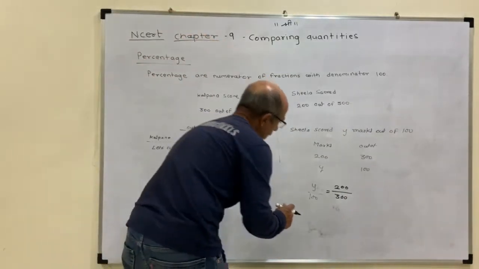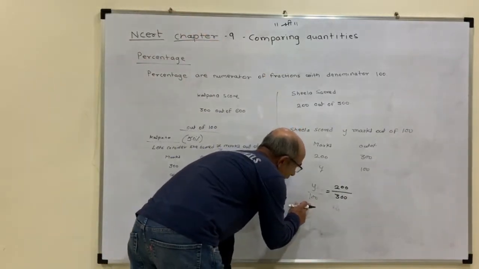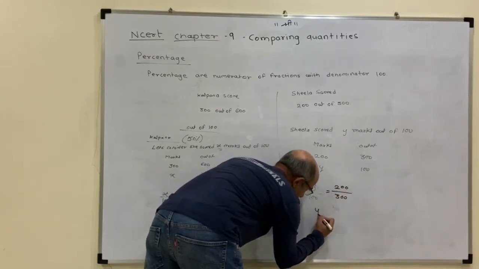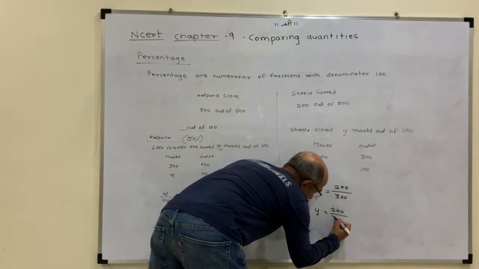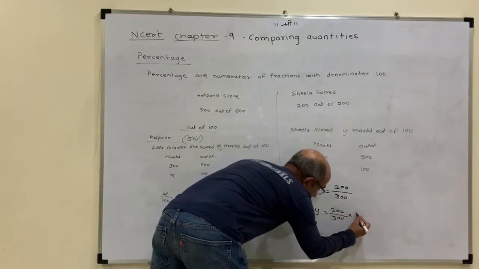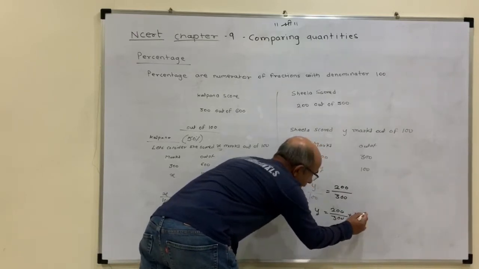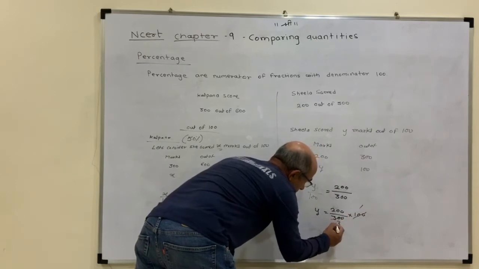Now I transpose this Y onto the other side. So Y equals 200 divided by 300 into 100. So 100 ones are 100, 100 threes are 300.